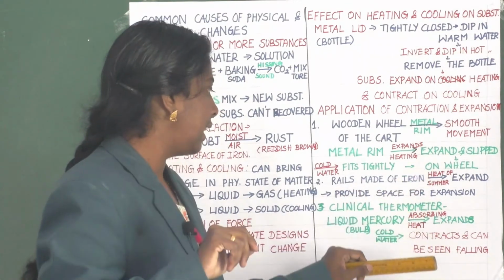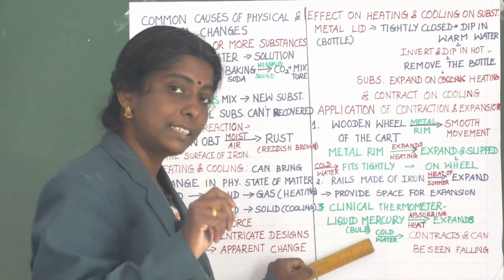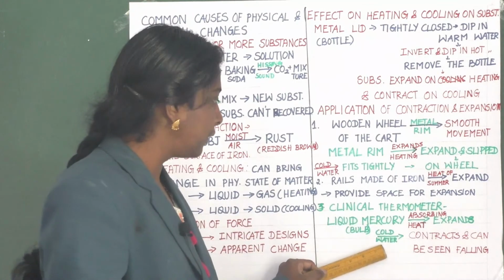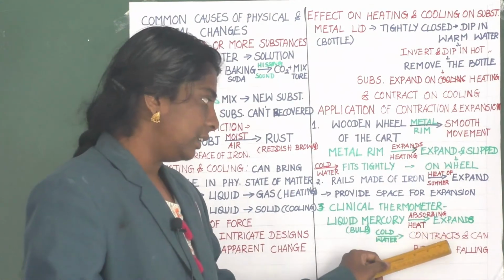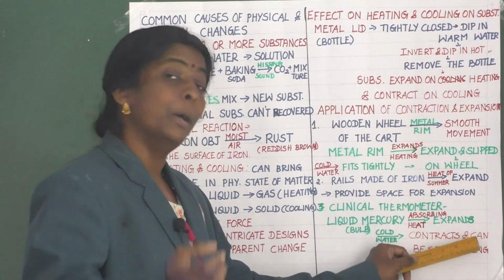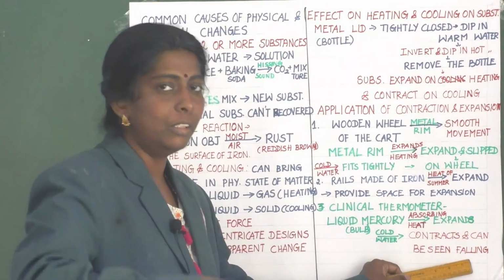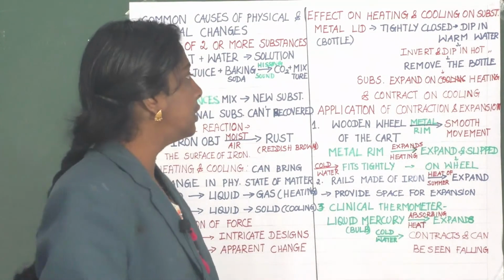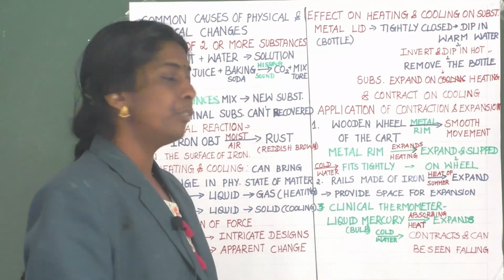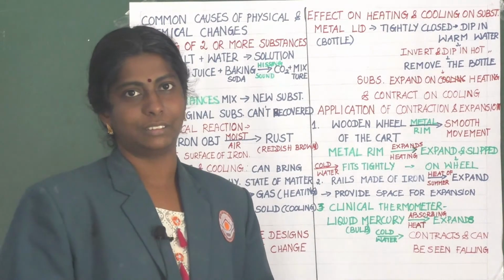Then when the bulb is dipped in cold water, it contracts and the mercury level can be seen falling. Okay. So this is one application of contraction and expansion.